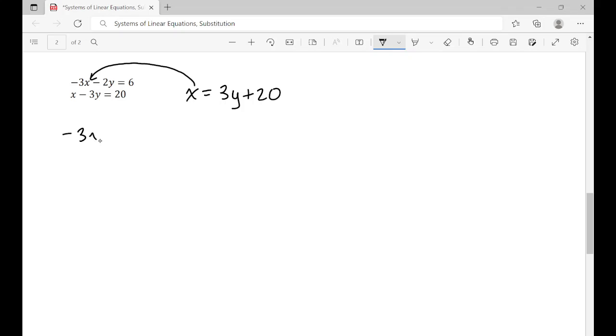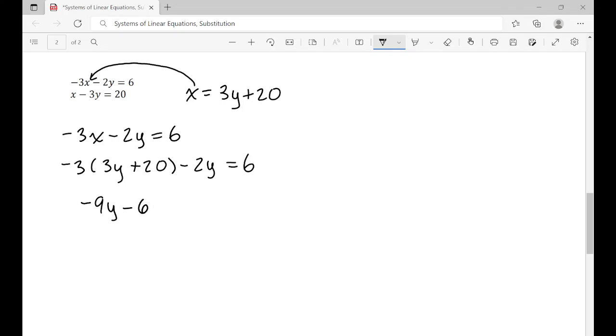So negative 3x minus 2y equals 6 is going to become negative 3 times (3y plus 20) minus 2y equals 6. Distribute the negative 3 across. I'm going to get negative 9y minus 60 minus 2y equals 6.